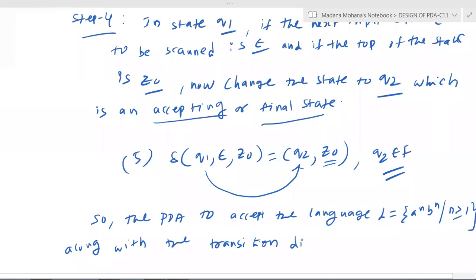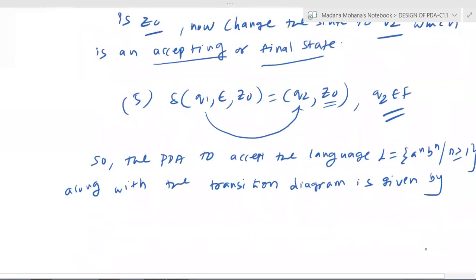Along with the transition diagram, first we have to write the tuple definition of the PDA, then list all the tuples. So here M equal to Q, sigma, tau, delta, Q naught, Z naught and F.